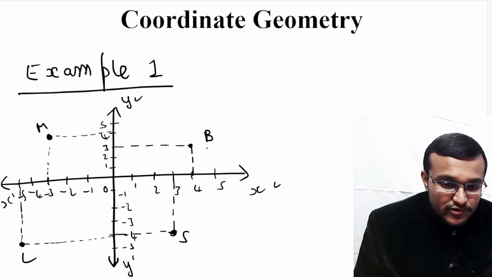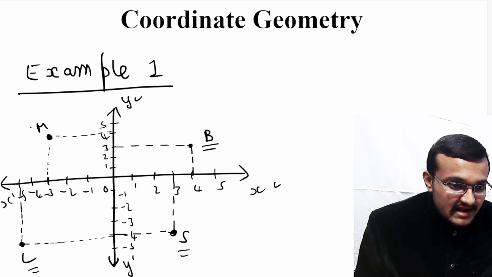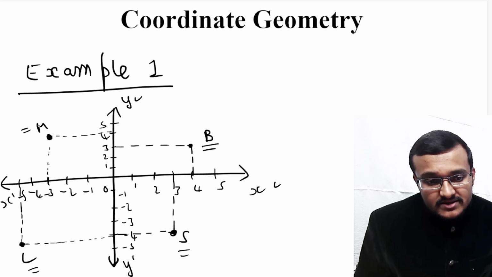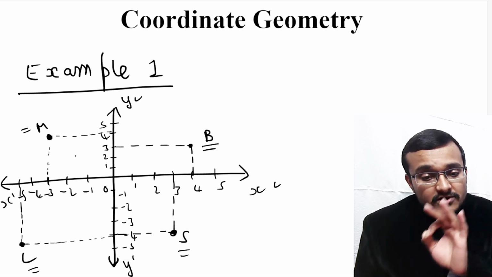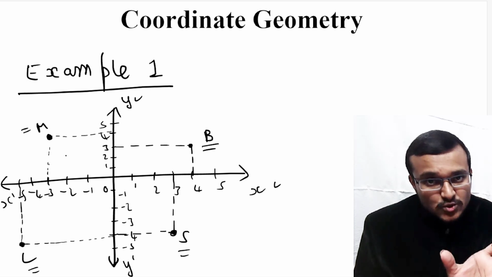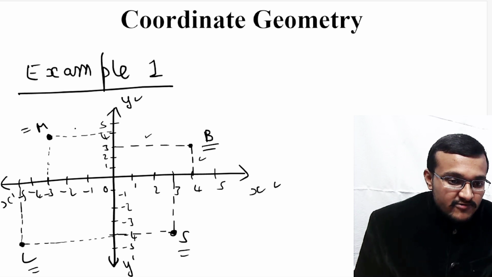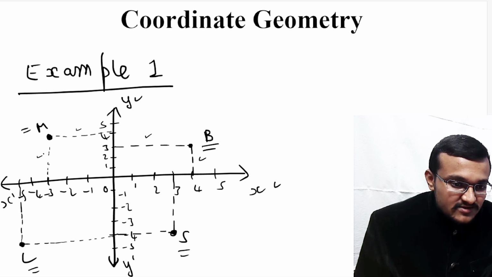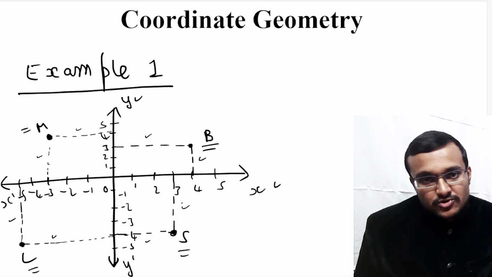Here we have 4 different points: B, S, L and M. Here you have the coordinates for all these points, that is, an x coordinate and a y coordinate. For B, this is the x coordinate and this is the y coordinate. For M, this is the x coordinate, this is the y coordinate. For L and S, likewise.